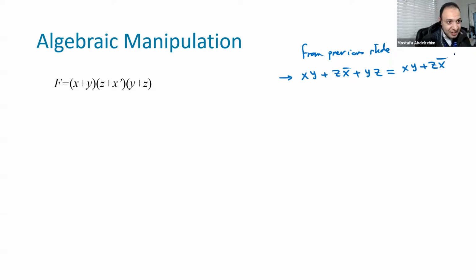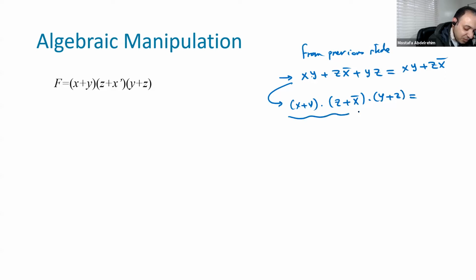So by duality, we flip the and into or, and flip the or into and: (x or y) dot (z or x bar) dot (y or z) should be equal to the first two terms only, which is (x or y) dot (z or x bar).